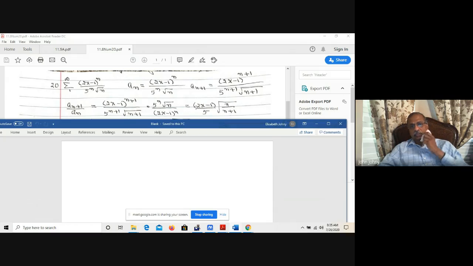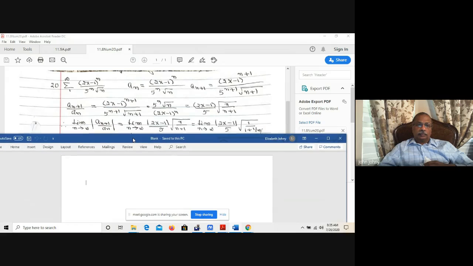So that is 2x minus 1. In the denominator, there is a 5 to the power of n plus 1. Numerator has a 5 to the power of n. So the leftover there is 5 to the 1, which is 5 in the denominator. And then under the radical sign, you have square root of n divided by n plus 1.